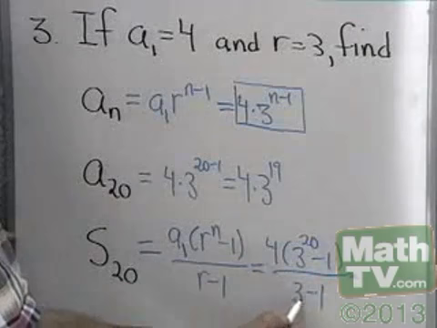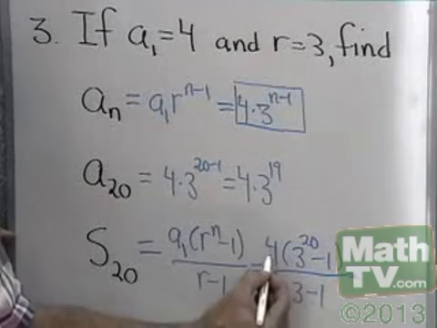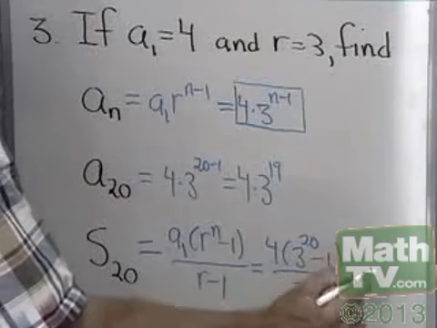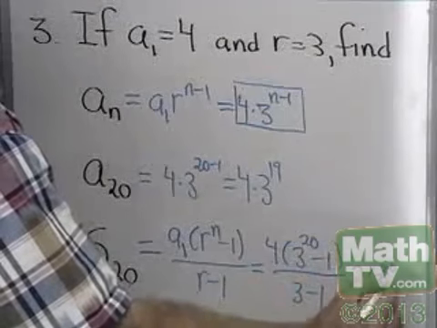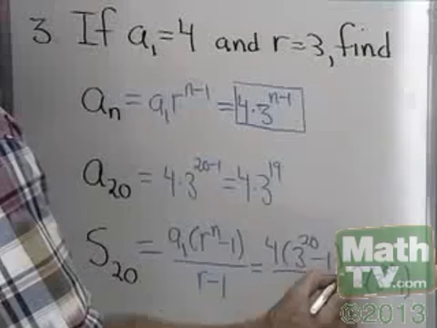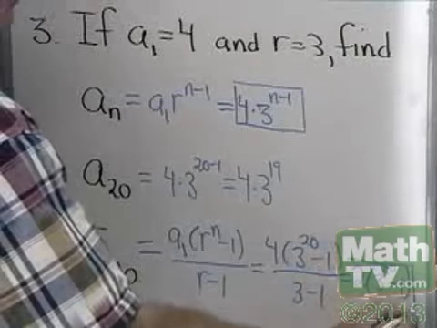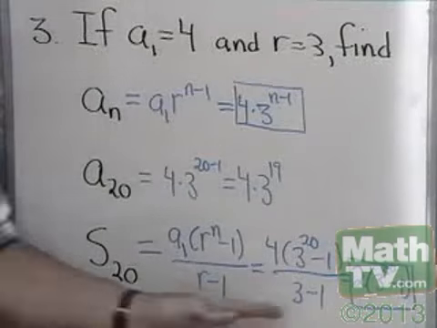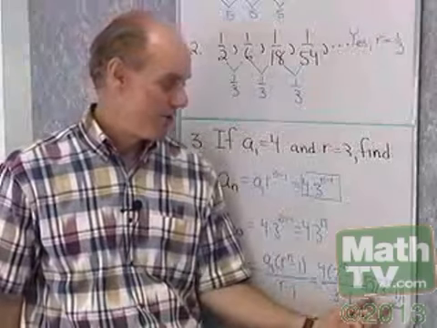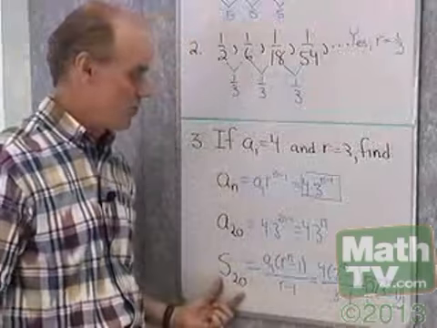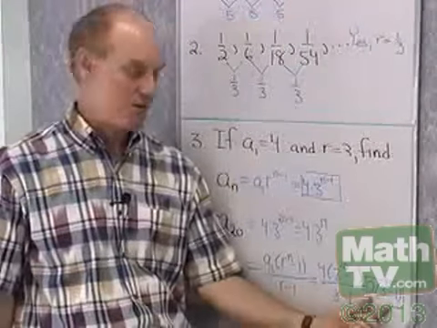Now let's see, r minus 1, 3 minus 1 is 2, goes into 4 twice, so I end up with just 2 times 3 to the 20th minus 1. Sorry, I'm running out of space, so I had to write it this way, but it's 2 times 3 to the 20th minus 1 for the sum of the first 20 terms of this geometric progression.